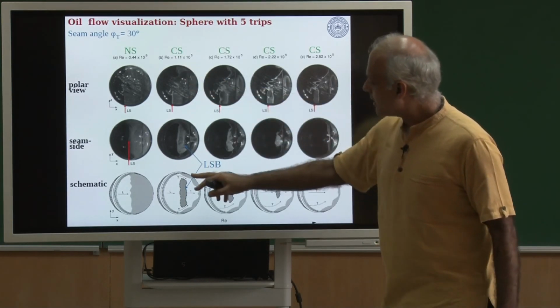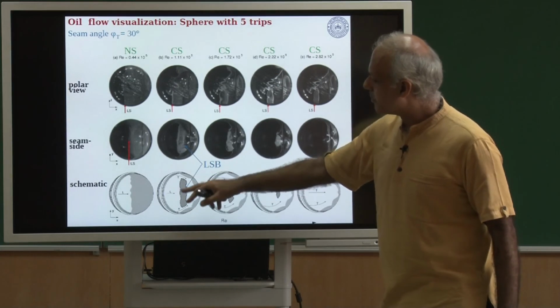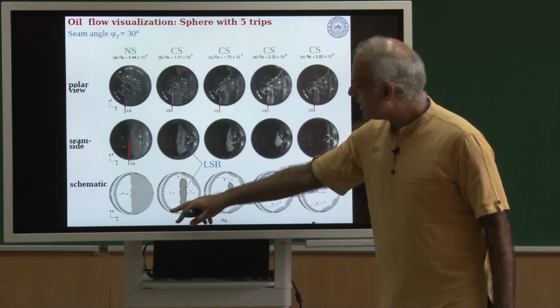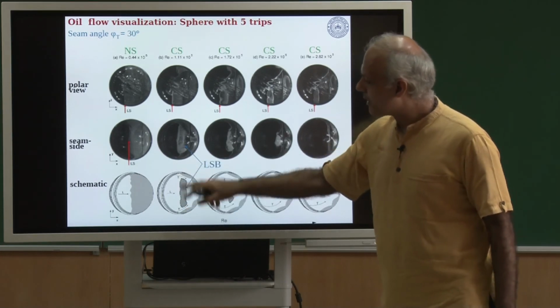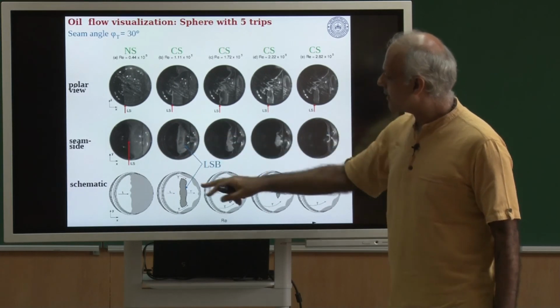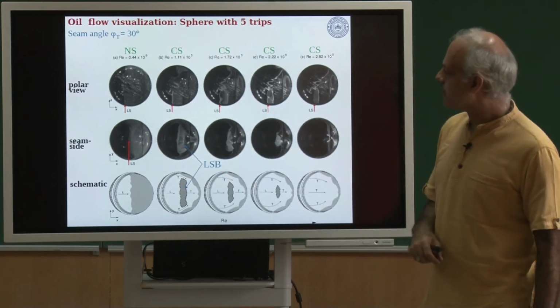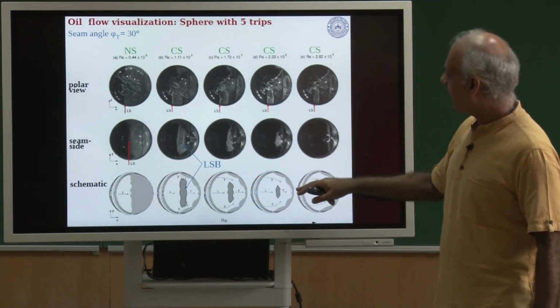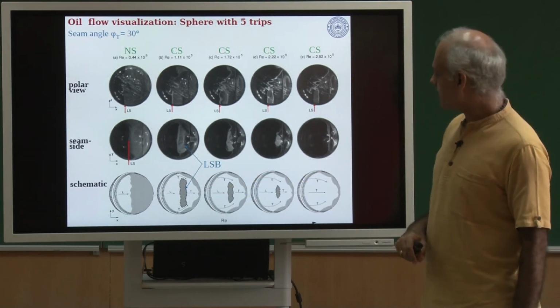Increase the Reynolds number and you get this laminar separation bubble. So the seam is able to make the boundary layer turbulent near these polar regions, but on this upper side, you get a big structure here, which is the laminar separation bubble, and it starts shrinking in size as you increase the Reynolds number.